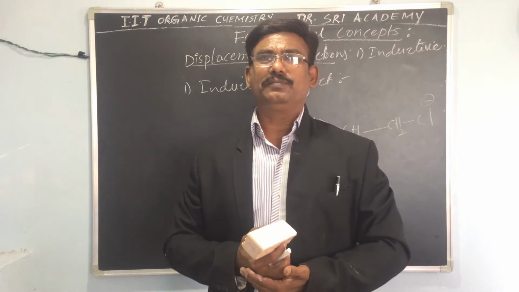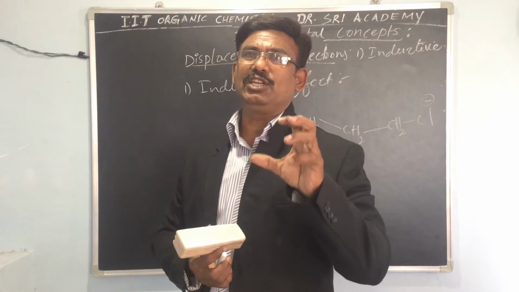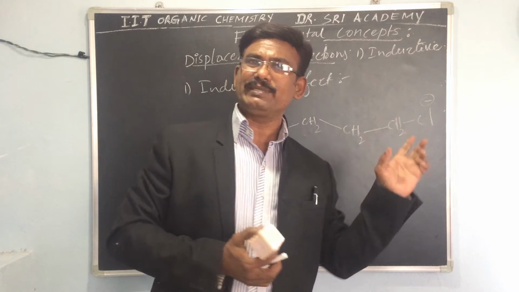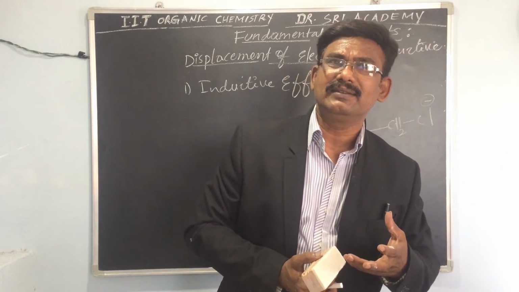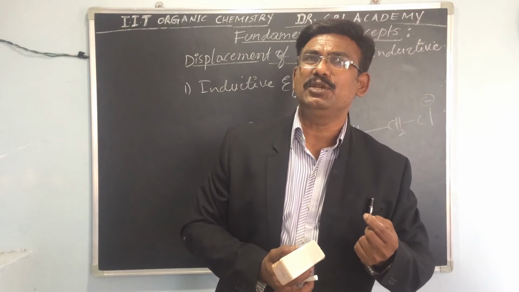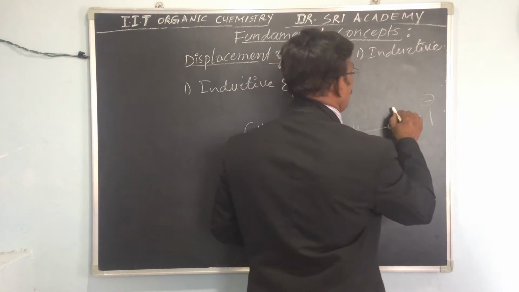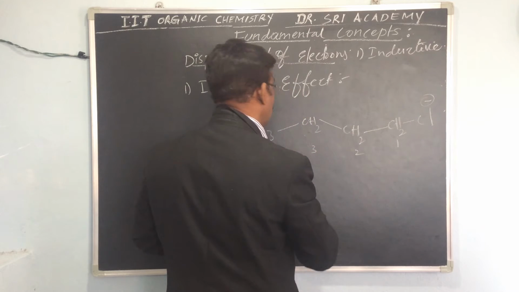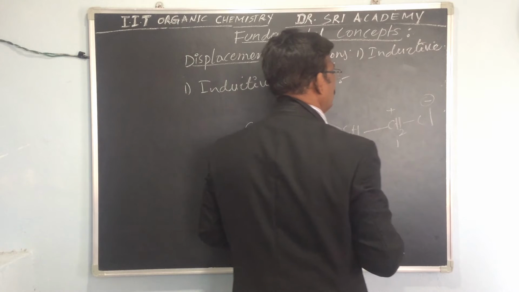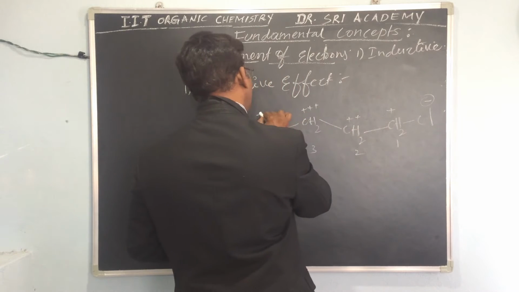C1 drags the electron from C2, C2 drags the electron from C3, and C3 drags the electron from C4. Like that, chlorine is partially negative and C1 is partially positive. These carbons are all positive.